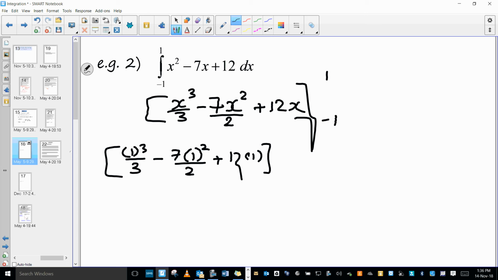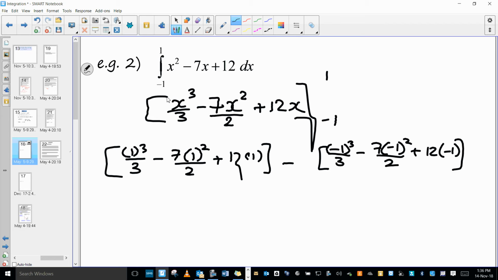And then we're subtracting negative 1 cubed over 3, subtract 7 lots of negative 1 squared over 2, plus 12 lots of negative 1. Okay?